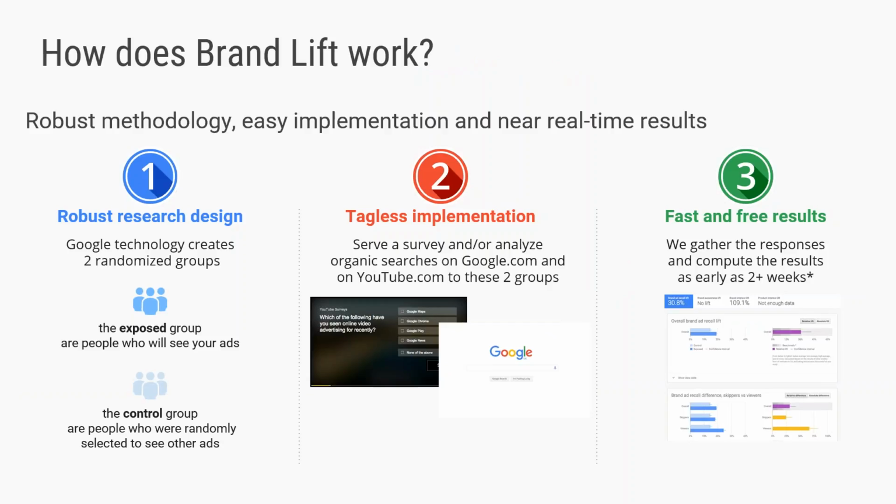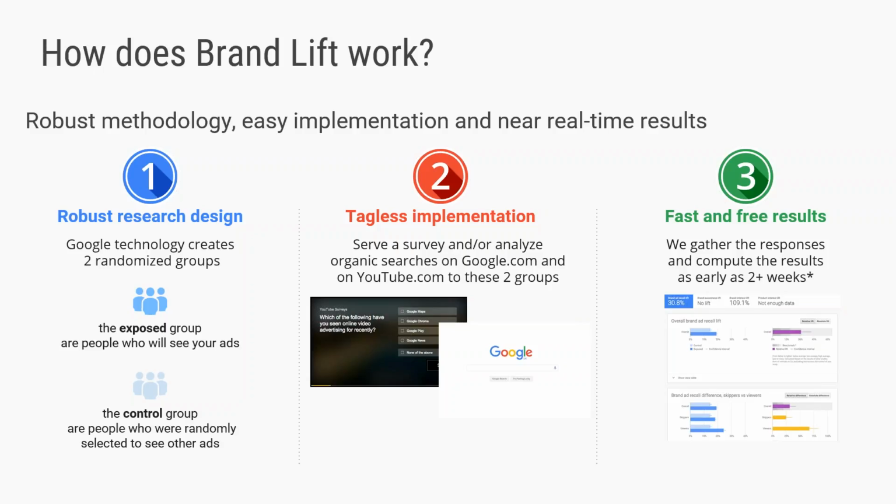If we discuss the methodology here, how the system works, this uplift divides the target audience. Let's say your target audience is male between 25 to 54. It divides your target audience into two groups. One is exposed and the other is control.